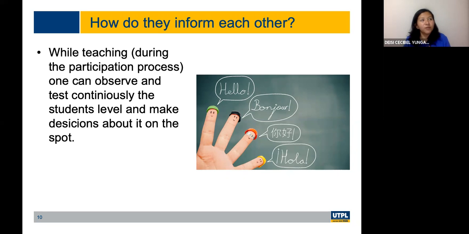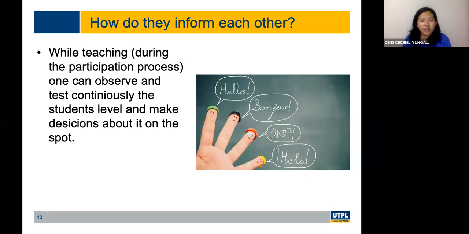So, for example, if they mispronounce something, we can repeat that word over and over again. We can maybe go back to the same unit and clarify the topics that they haven't learned. And we can actually decide that maybe that topic was too advanced for them and go back a little bit.